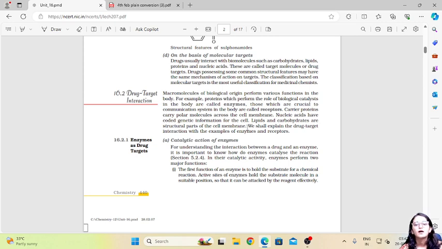Proteins which perform the role of biological catalysts are called enzymes, and those which are crucial to carry the communication system in the body are called receptors. So both play an important role in carrying out the interaction between the drug and the target molecule.